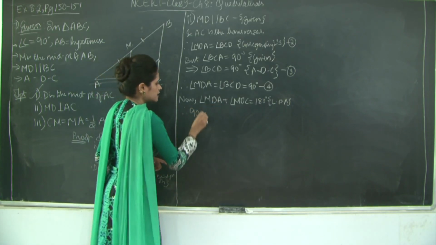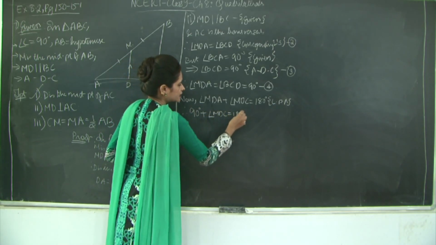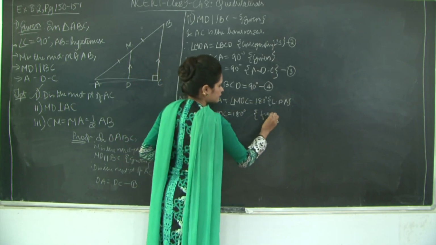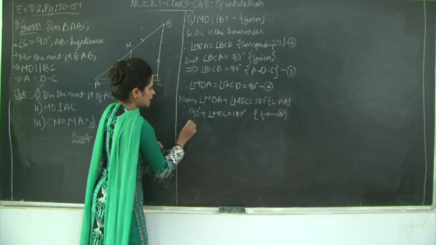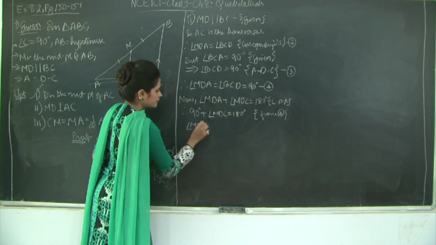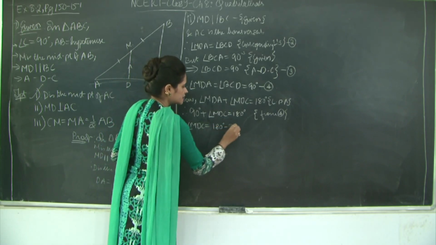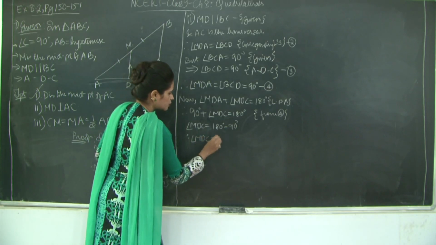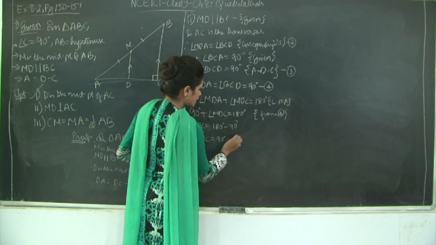So 90 degrees plus angle MDC is equal to 180 degrees. Therefore, angle MDC is equal to 180 degrees minus 90 degrees. Therefore, angle MDC is equal to 90 degrees. Correct? Let's mark this as 5.